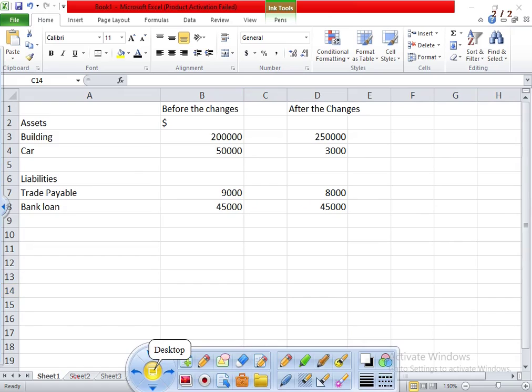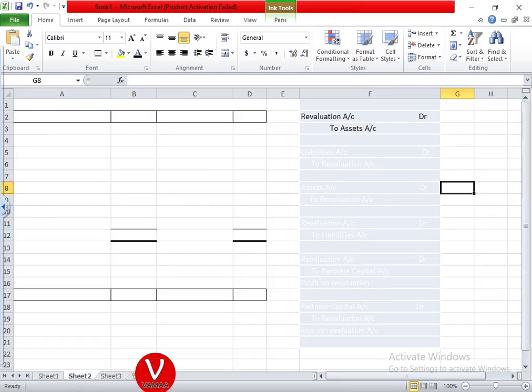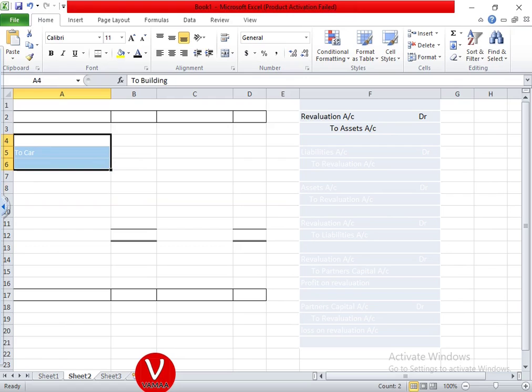This was the old value of my building and car. So we need to first transfer this old value, and according to this, I need to write down the assets on the debit side, to car and building, and the values are 200,000 and 50,000.